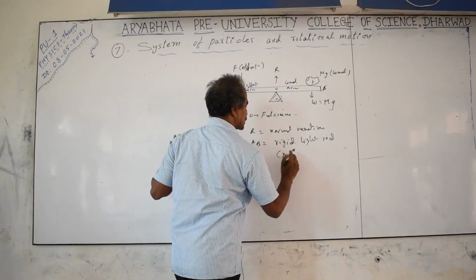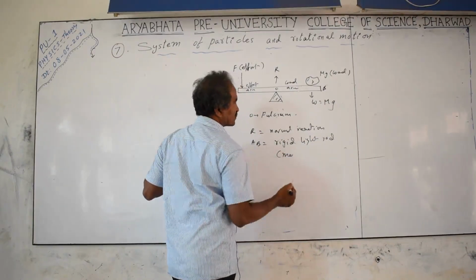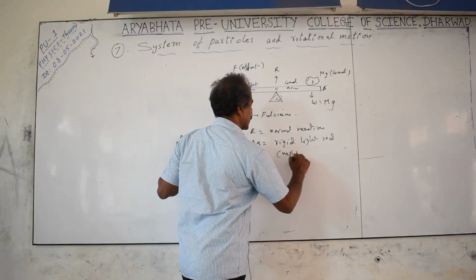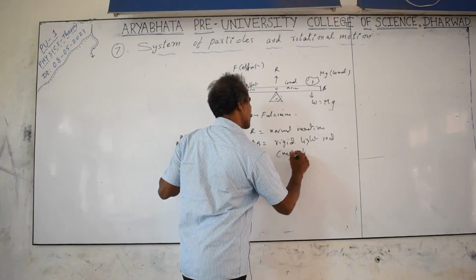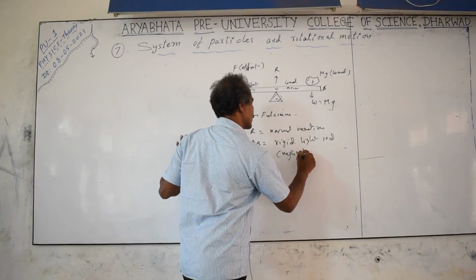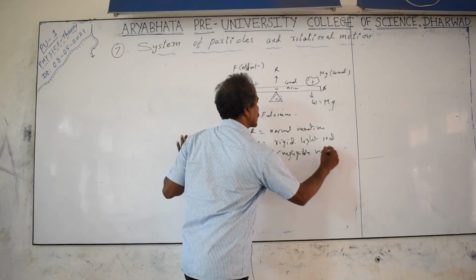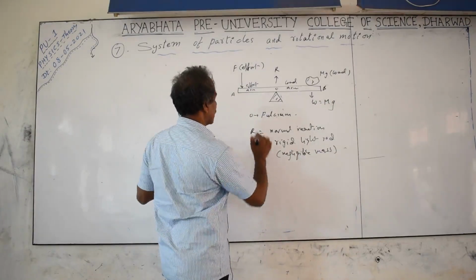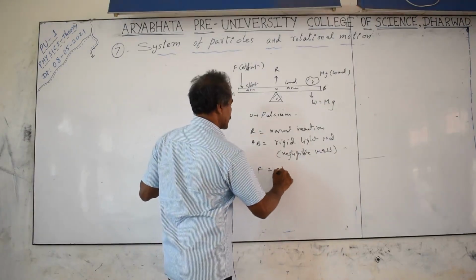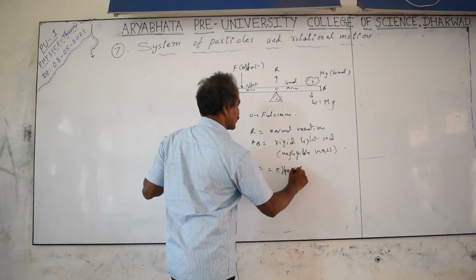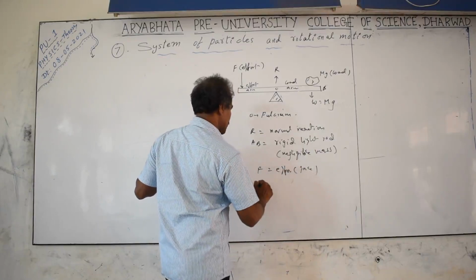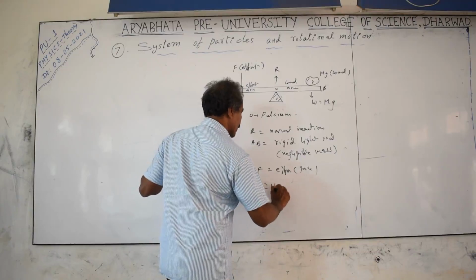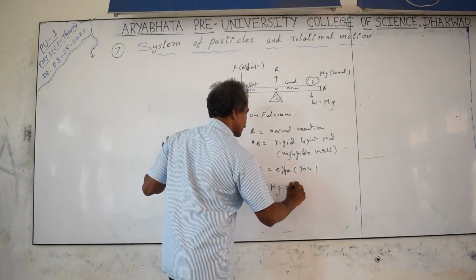Mass neglected means its weight should not be considered. F is the effort, that is a force, and mg is taken as W. It is nothing but the load.